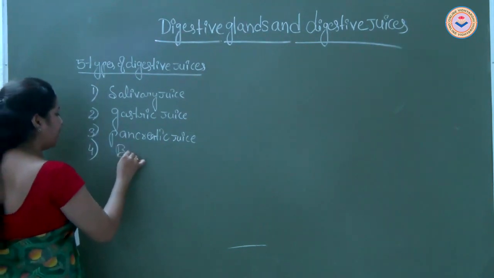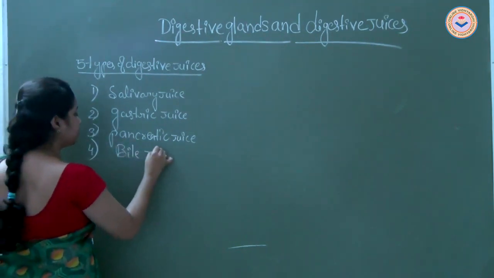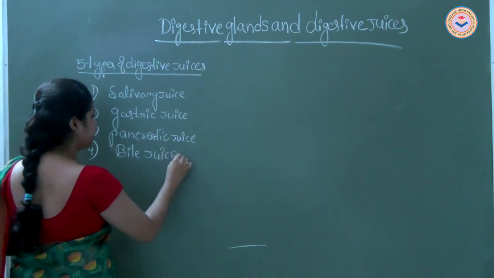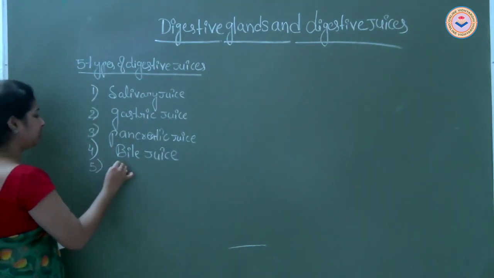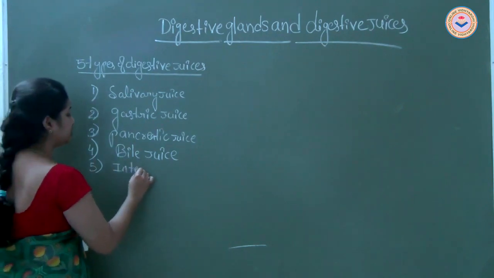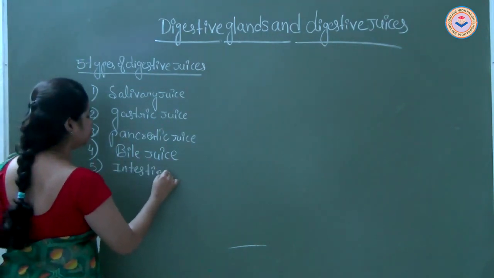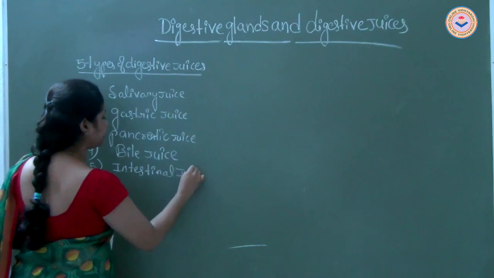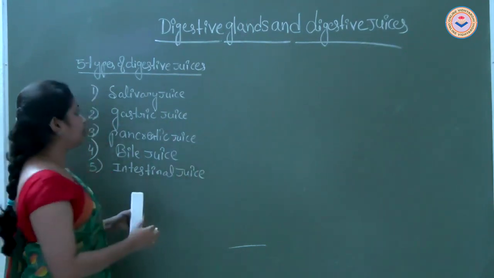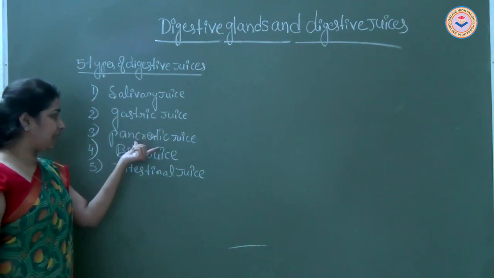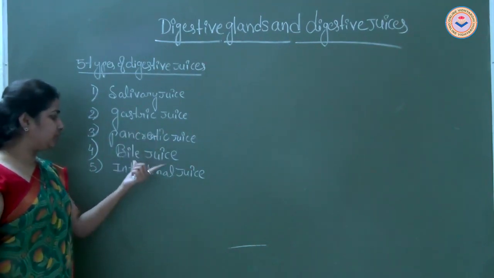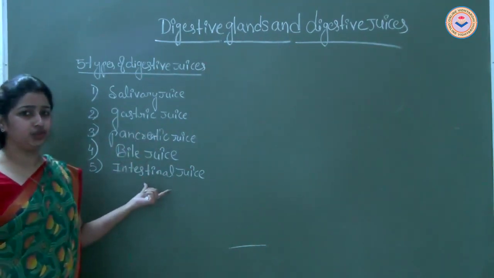Now coming to bile juice, which is secreted from the liver. And the fifth one is the intestinal juice. Salivary juice, gastric juice, pancreatic juice, bile juice and intestinal juice.